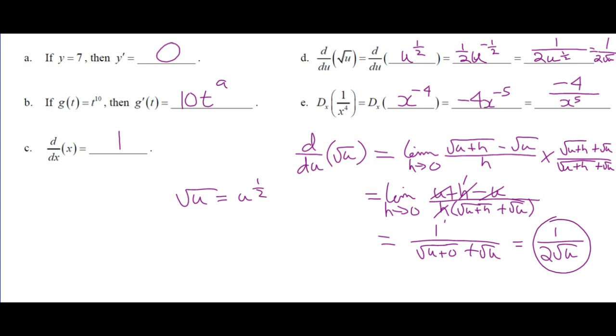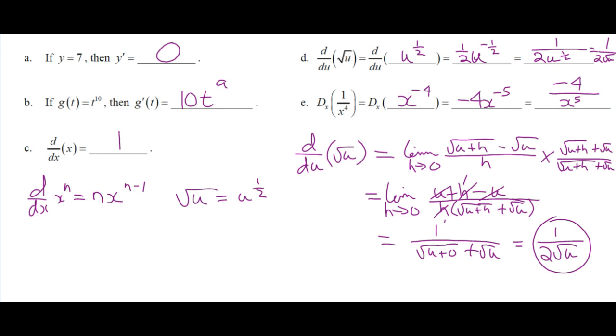Where did the -5 come from? The power rule says that d by dx of x to the n is equal to n times x to the n minus 1. So this is -4, so this becomes -4x to the -4 minus 1, which is -5.